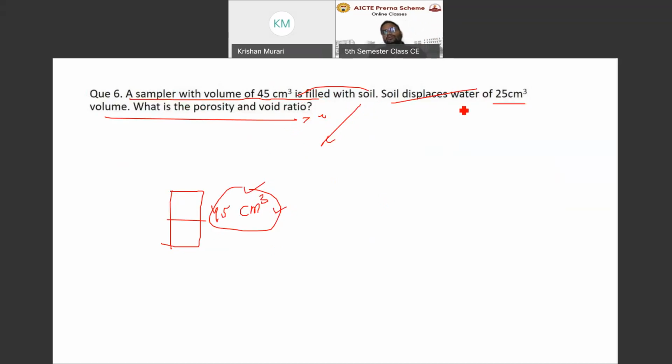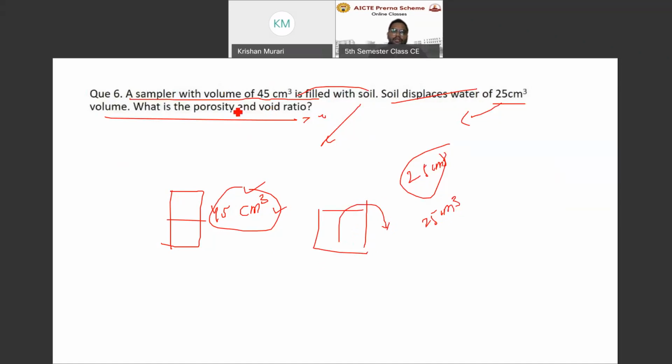That soil displaces water of 25 cubic centimeters. If you put that soil in another container, then the water displaced from that container is 25 cubic centimeters. That means the volume of solid equals 25 cubic centimeters. If you got that, then the question is very easy.